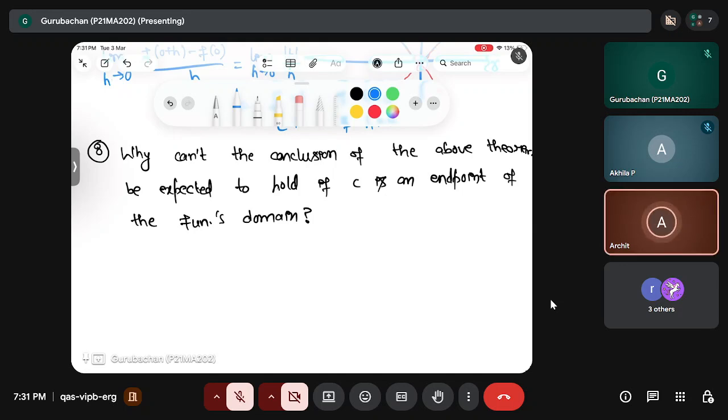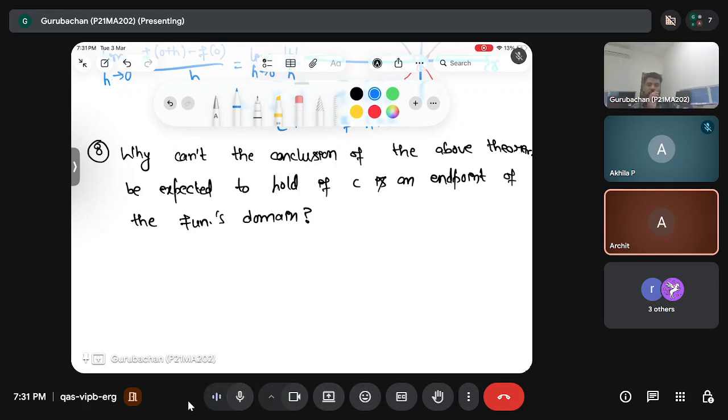Sir, by example, so I can prove, sir. What you can prove by example? Sir, I can prove that the statement will not hold by giving an example like y equals x square, and if we take the domain from 1 to 2, then local minima is existing at 1, but f dash is not 0 at x equal to 1.